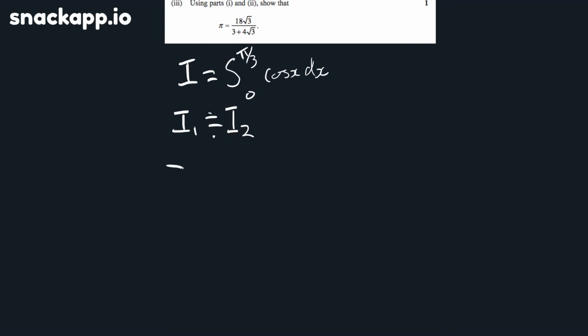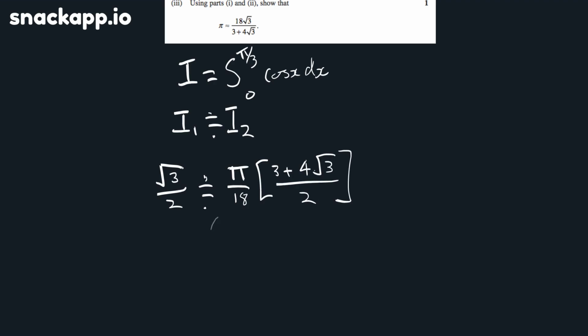So on the left, I'm just going to have root 3 on 2, which is what we worked out with the integrating. And then on the right, remember to keep using the approximate equal signs, I'm going to have what I got in the previous question, pi on 18 times root 3 plus 4 root 3 on 2. Okay, so I'm going to try and get this pi on its own, and we want to make it look like that.